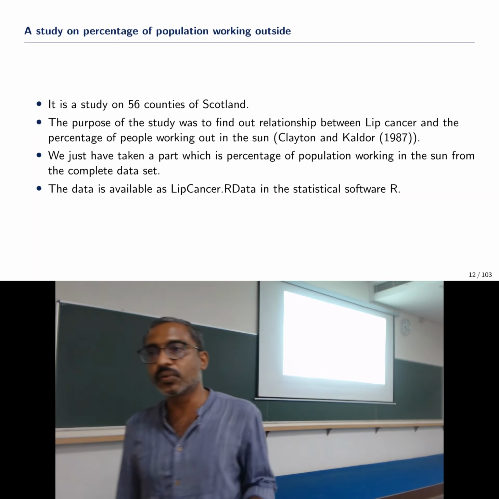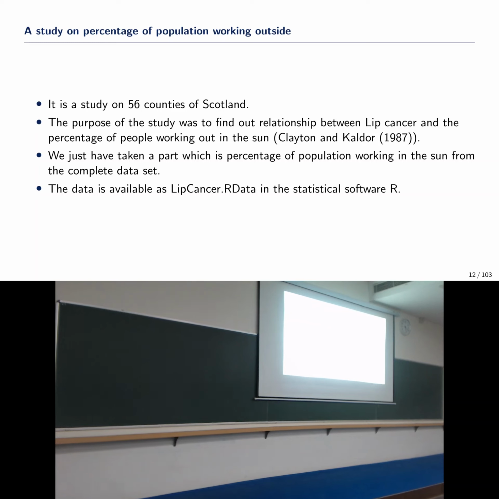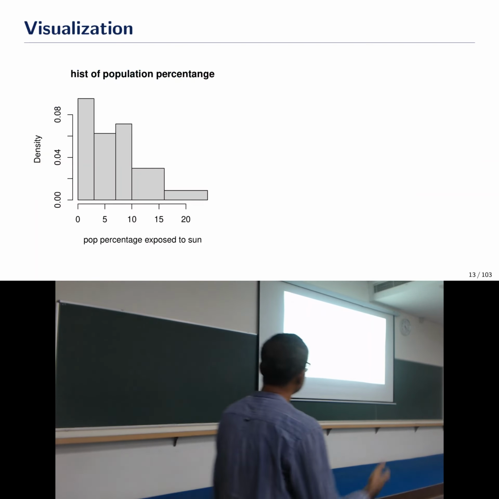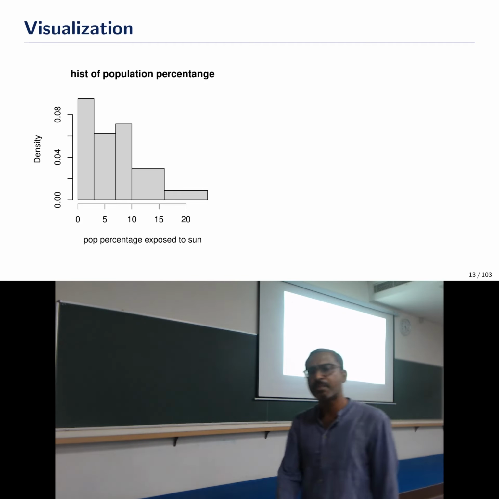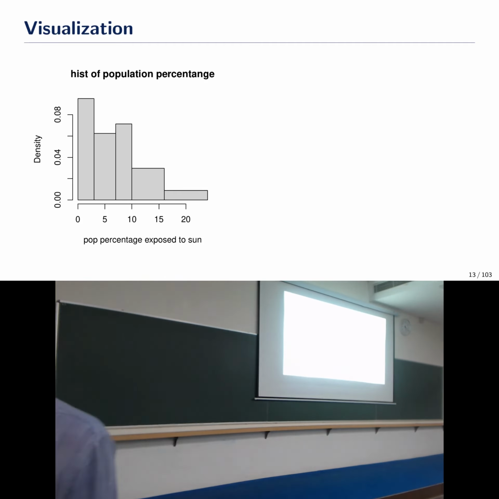This is available in R as free data. Once I have the data, as I said, the histogram is one of my favorite things, so I again drew the histogram. This tells us there is probably some skewness in this data, and whatever information you can get from the histogram, you can have it.